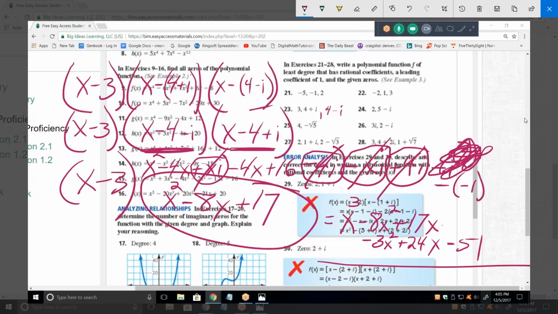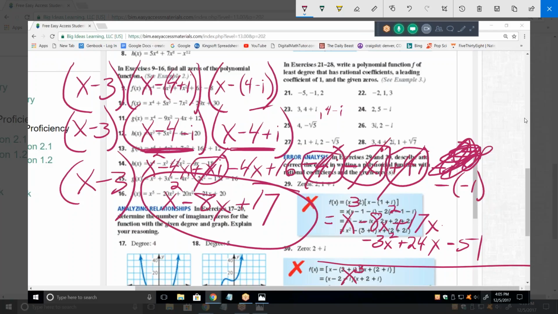Simplify. And notice it's easier to simplify when I write it like this. This time I didn't write it like this because I ran out of paper. I wrote it like this because it makes it easier to simplify.